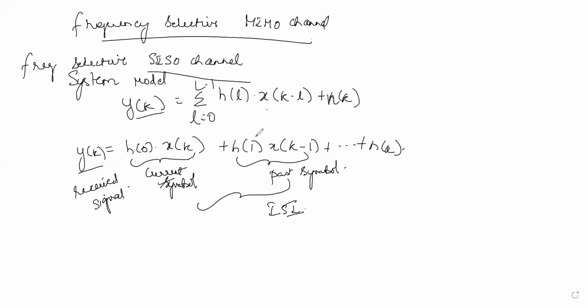This is the SISO channel equation, and we are seeing what inter-symbol interference is. Similarly, if you take the MIMO frequency selective channel, it can also be modeled in the form of an FIR filter.